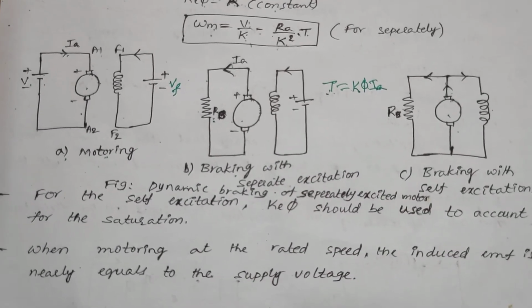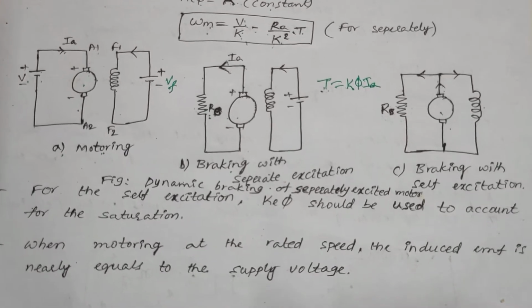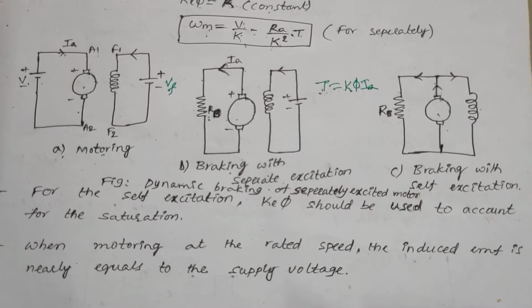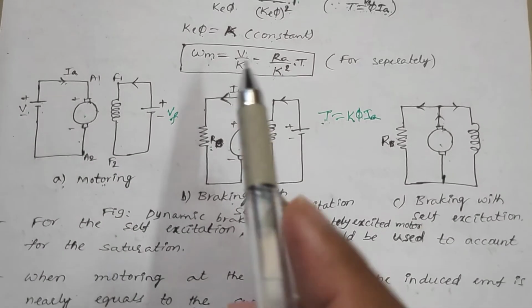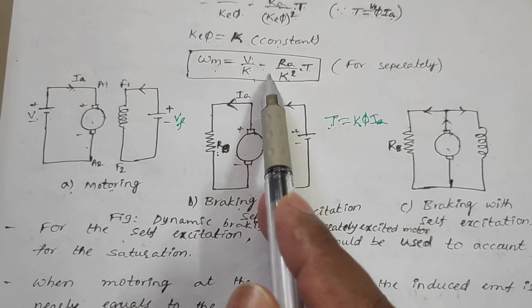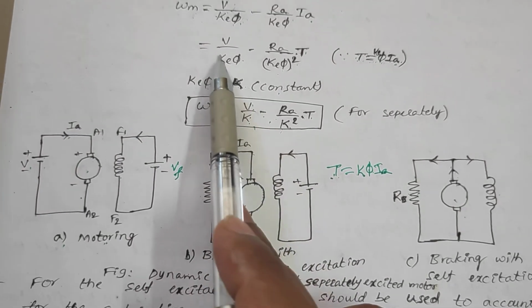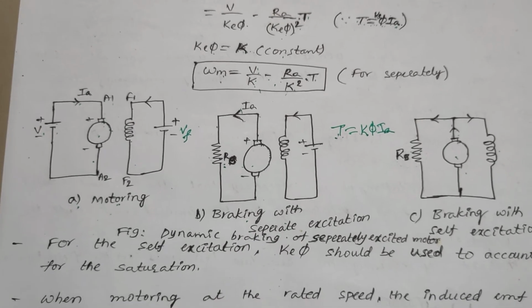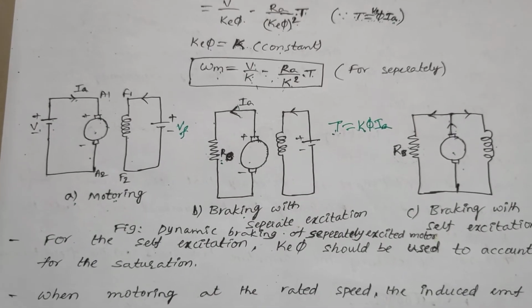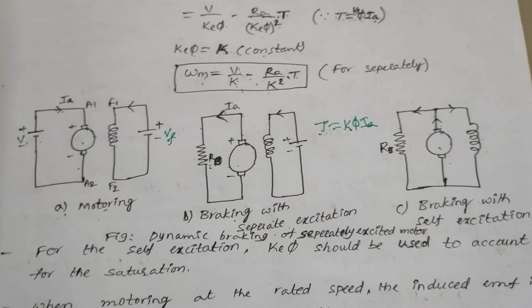When the motor is operated at rated speed, the corresponding induced EMF is nearly equal to the supply voltage. By using the above equation and replacing the supply voltage equal to 0, we can draw the speed torque characteristics of this motor during the dynamic braking.